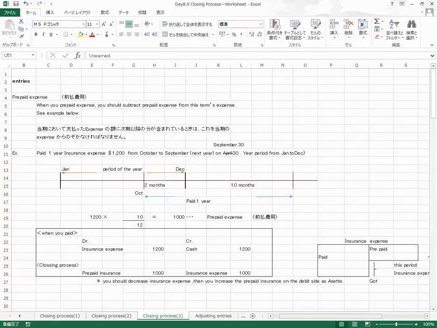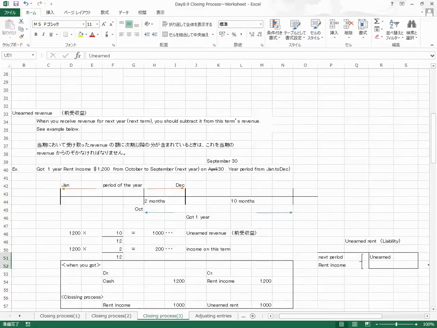So if you pay in January the insurance for 1 year, January to December, you do not need to write the prepaid insurance. Is that your question? The main point is that this is beyond the one term.